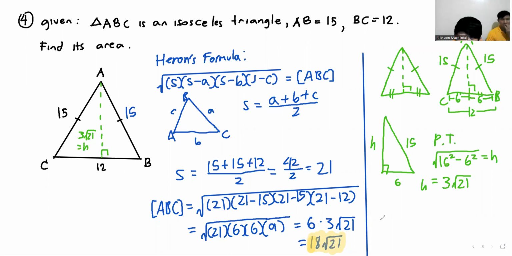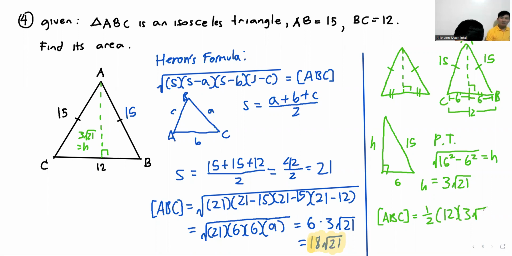The formula for the area of the triangle is one half base times the height.